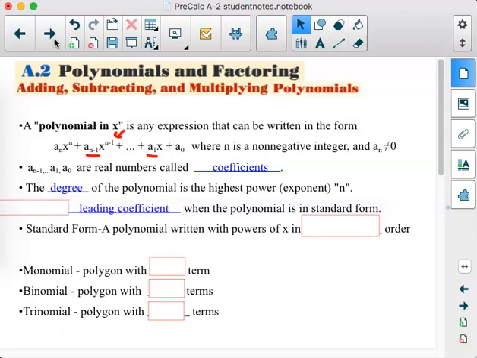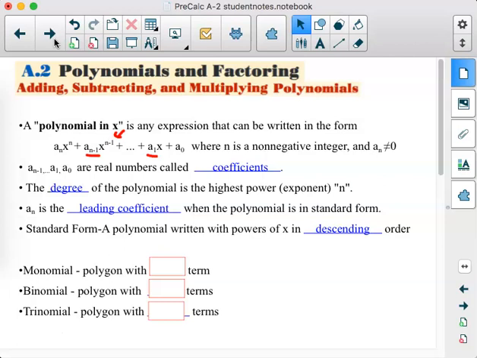So the leading term has the highest power for the variable, which is the degree, and the number in front of that is called the leading coefficient. Standard form is a polynomial written with the powers of x in descending order.